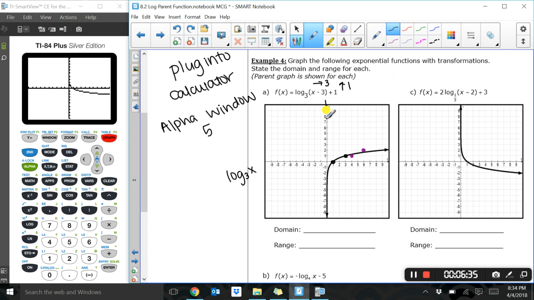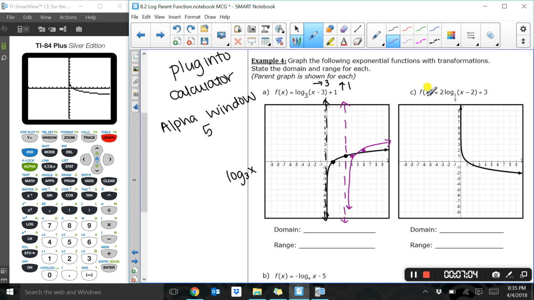Remember, your asymptote started at x equals 0. But now, because your graph went right 3, your asymptote is also going to move right 3. And this is what your new graph looks like. Now, could you have just plugged it into your calculator and looked at your table and gotten those values? Absolutely. It's just whichever one you prefer.